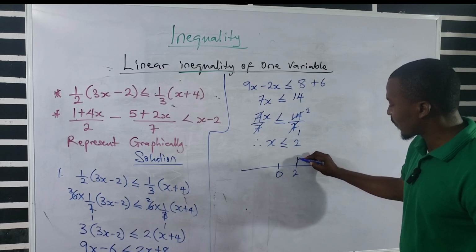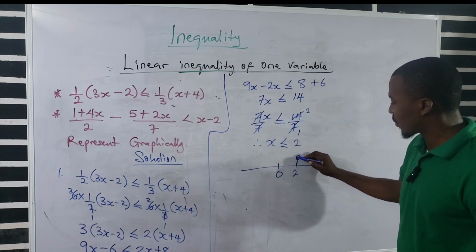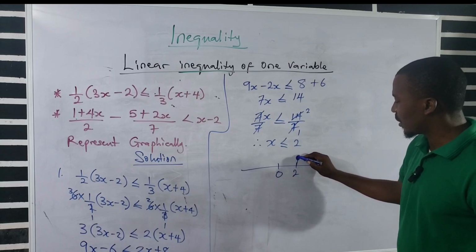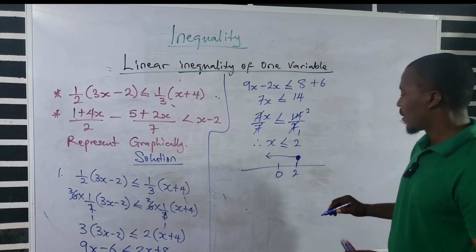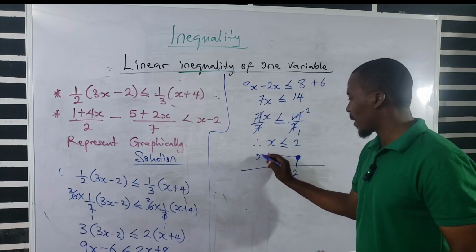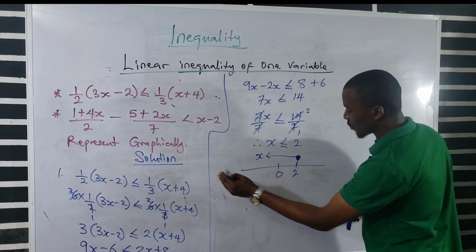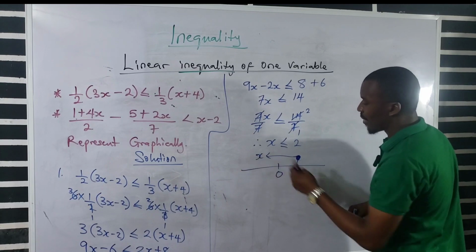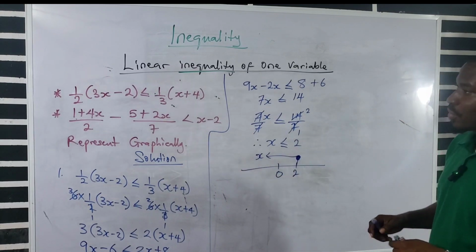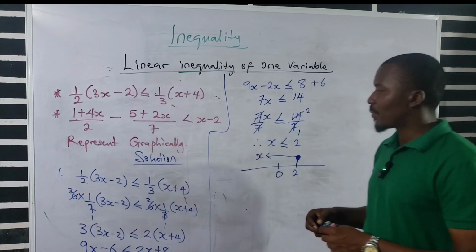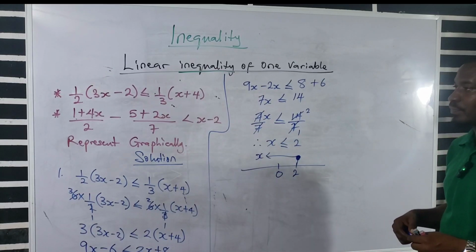So x is starting from 2, and it is less than or equal to, so I have to shade it and point out my arrow for x. So x is the range of numbers that is less than or equal to 2. Anything less than or equal to 2 can be x. Okay, so we are going to wipe the board and solve the second problem.